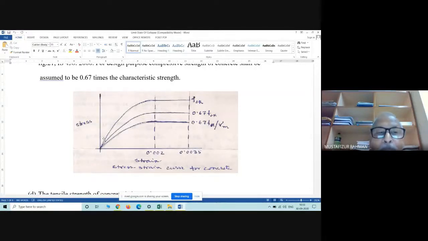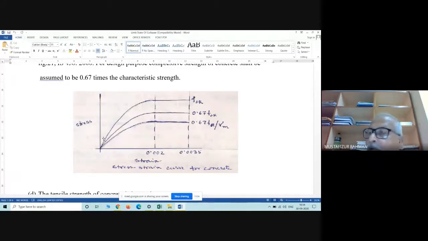But because of some variations on which we have no control, the engineer, mason, owner, etc. are not having control, whatever characteristic strength we are getting at the end of 28 days, that particular strength is reduced. 67% of the strength we get at the end of 28 days is taken.